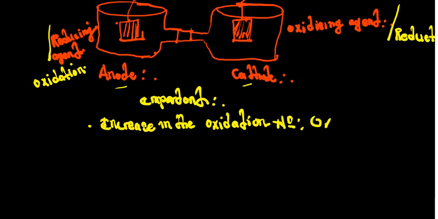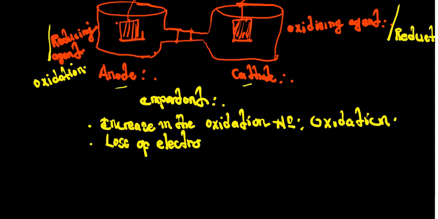And then the anode, that is where the electrons are coming from, going to the cathode. So at the anode, that's where we have oxidation, and electrons are being lost there. So loss of electrons is what? Loss of electrons, oxidation.